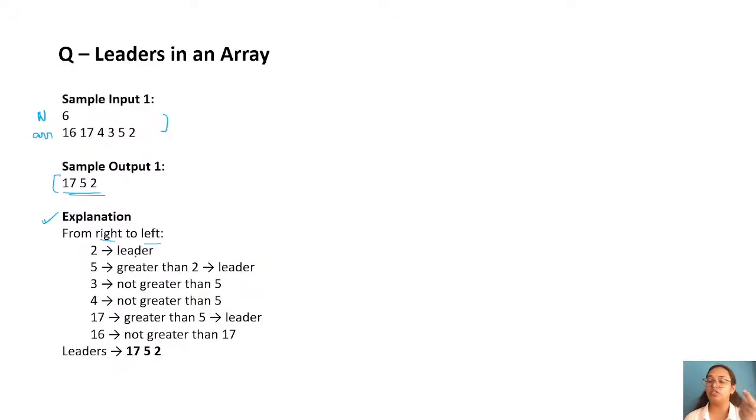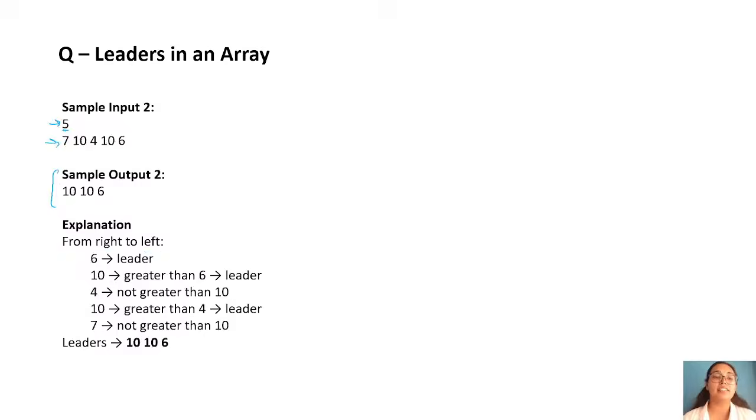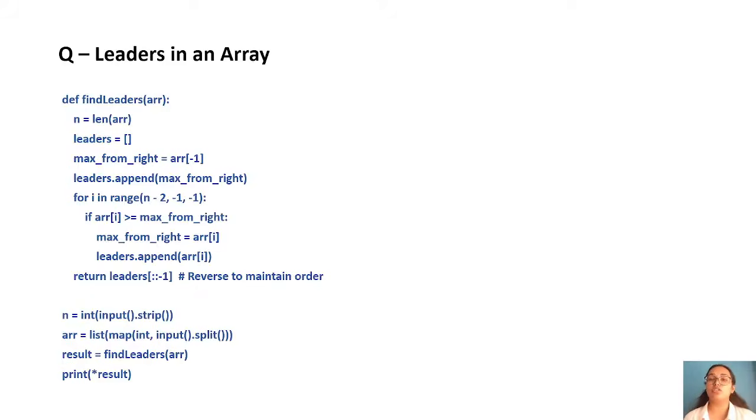They don't tell you, so sample inputs and outputs help you. In the sample output, you can see the output is space separated, right? Because this is space separated, it means you also have to return it space separated. So in your result, what you have right now is a list consisting of 3 elements, 10 10 6, and now I have to print it in a space separated format.